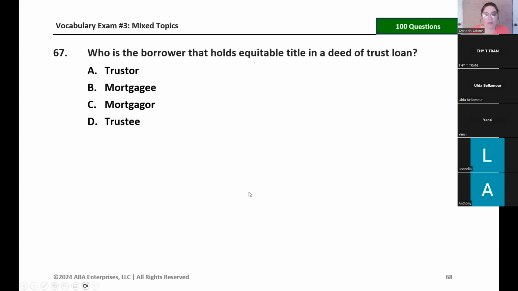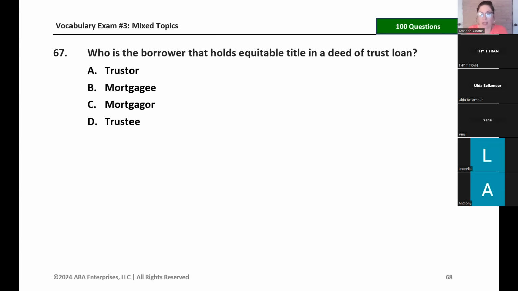All right. Number 67. Who is the borrower that holds equitable title in a deed of trust loan? Oh, this is a good question.